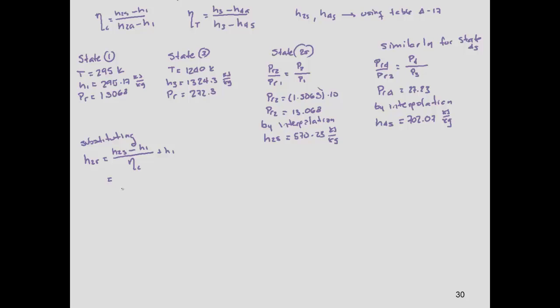Just by substitution, we'll have 626.69. And H4 actual will be H3 minus the efficiency of the turbine times H3 minus H4s. Notice that I have called it R here, which is the same. We are going to change it back to actual instead of R.